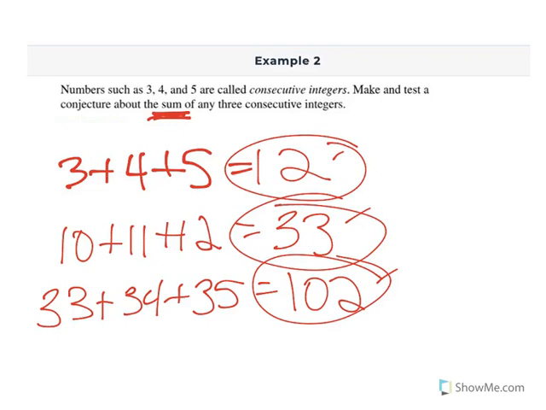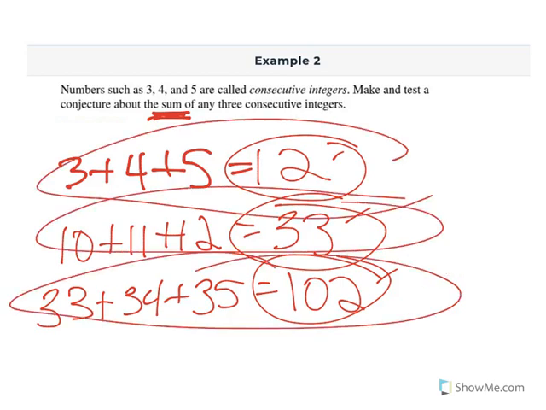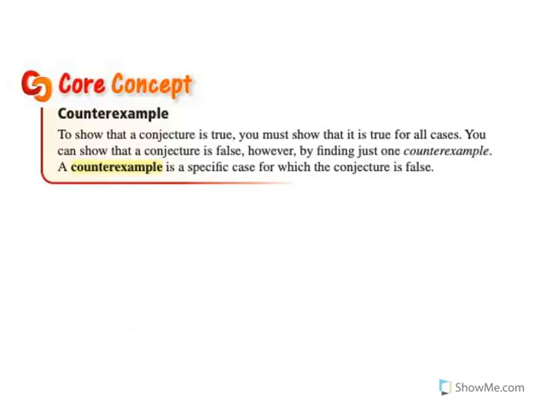So our conjecture could be that if you add 3 consecutive integers, then you will get a larger number, something like that, okay? The point being that you need to test at least 3, and see if you can figure it out. You might need to keep going, test a few more to figure it out, okay? But that's what it means when we say make and test a conjecture, okay?